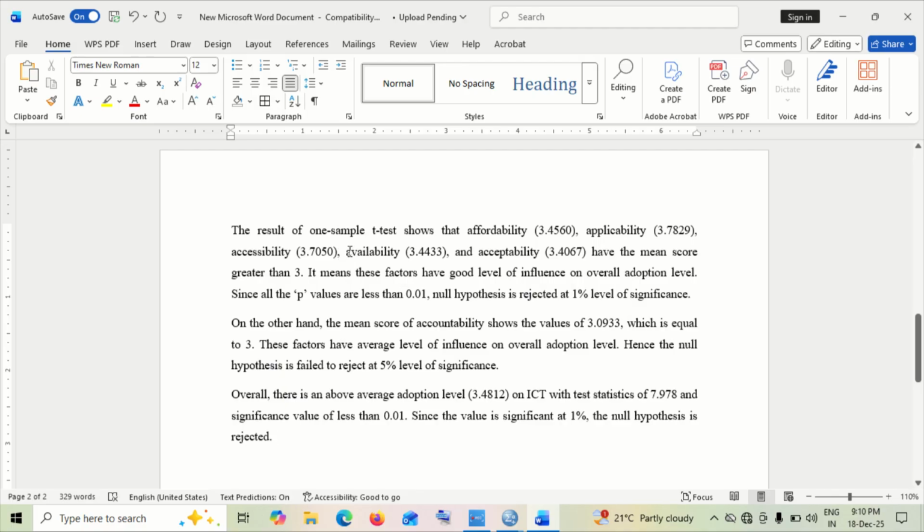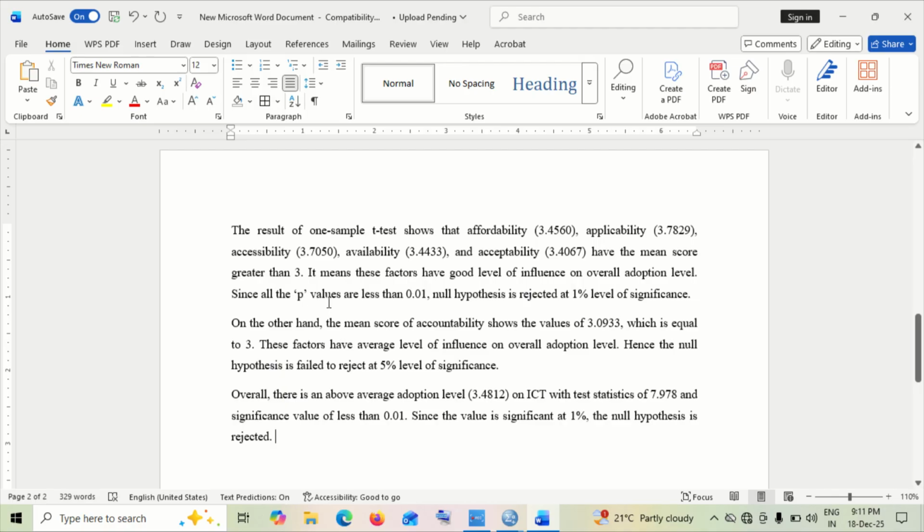The result of one sample t-test shows that affordability, the mean score is given in bracket, applicability, availability and acceptability have a mean score greater than 3. It means these factors have a good level of influence on overall adoption level.